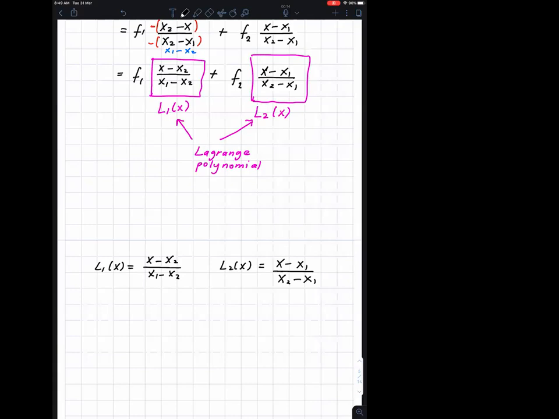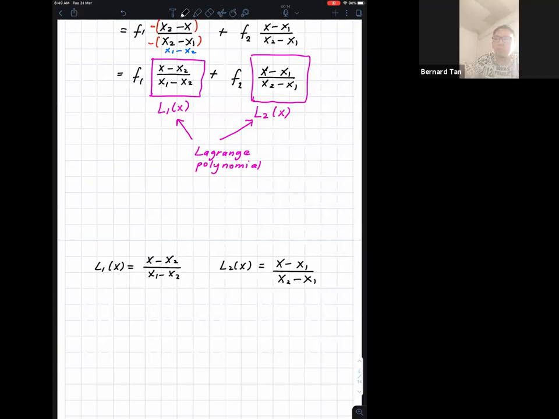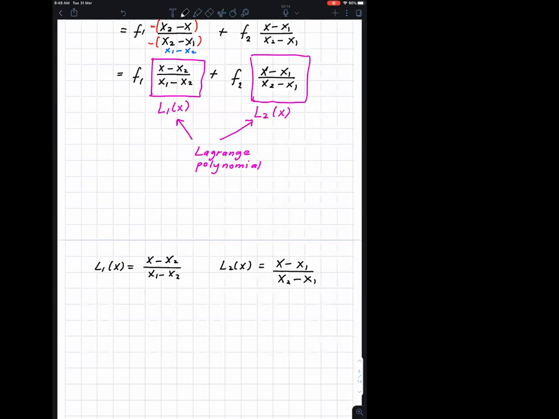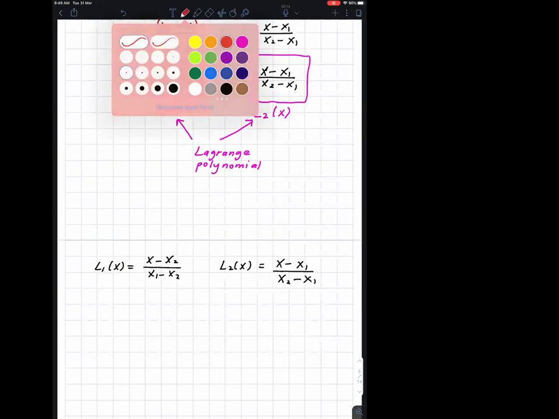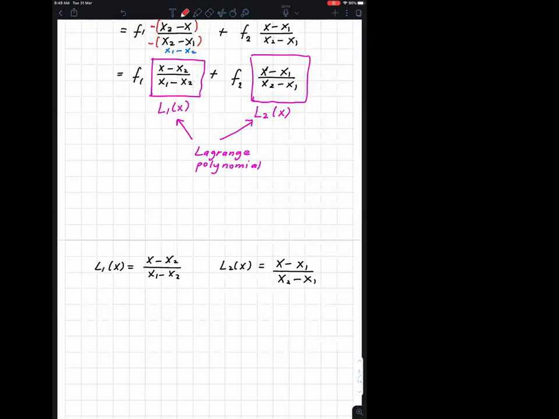These are what is required to form the Lagrange polynomial. Somebody has the mic turned on and there's noise coming out. If you have no question, please turn off the mic. Thank you. So now we have a Lagrange polynomial. We try to evaluate this polynomial at those two given points.